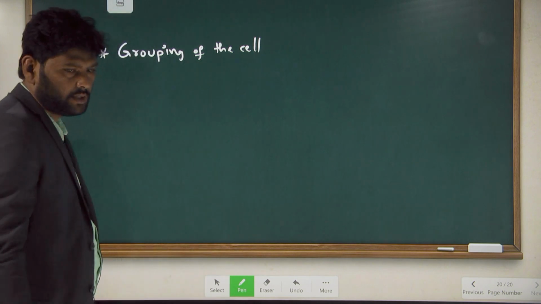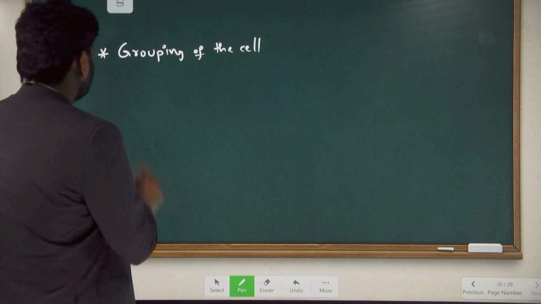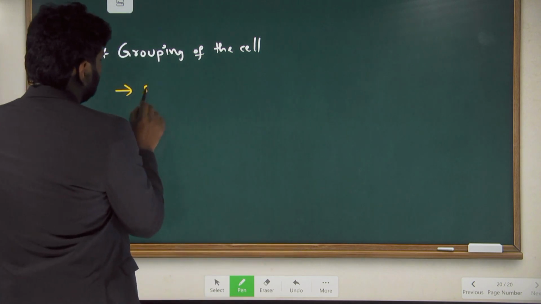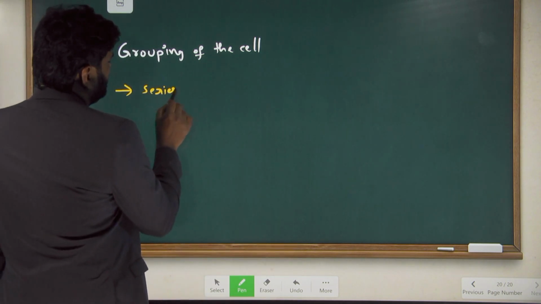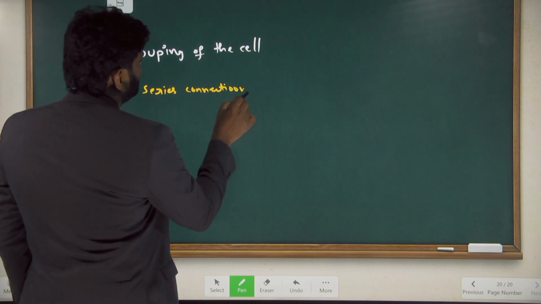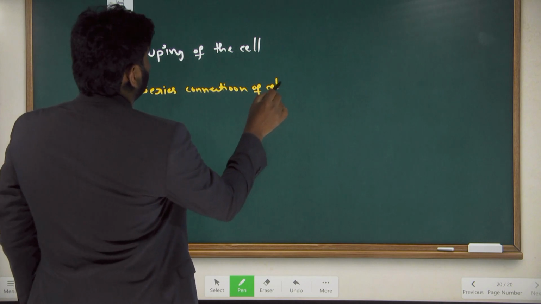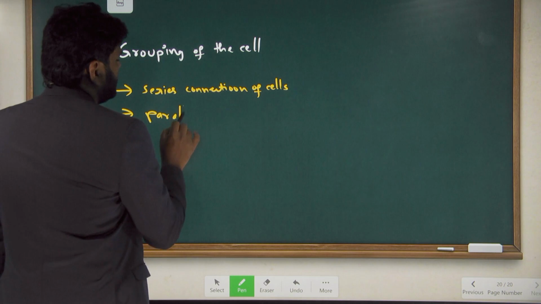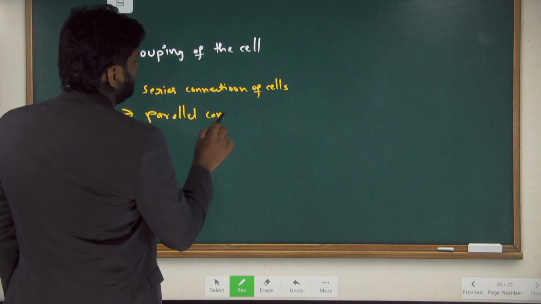Grouping of the cells. In the grouping of the cells, the first grouping is series connection. Series connection of cells. Next one is parallel connection.